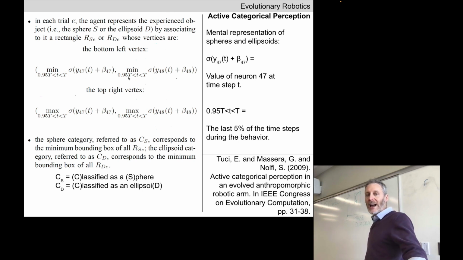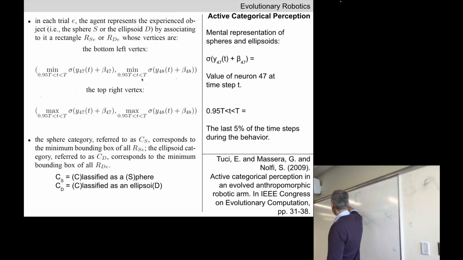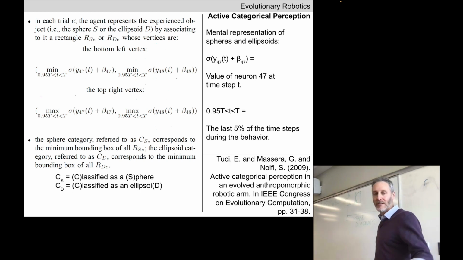They're also going to look at the minimum value of the 48th neuron during the last 5% of the simulation. So the lowest value of this neuron is this value here, and the lowest value of 48 is right here. That's min from this equation. So far, so good?